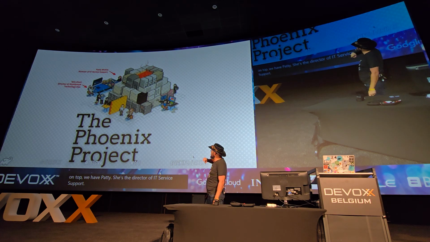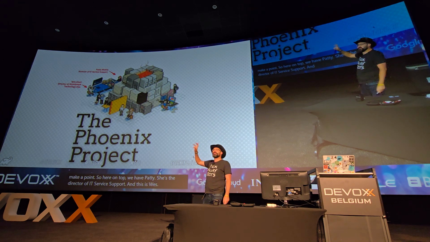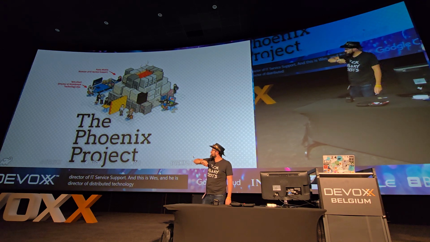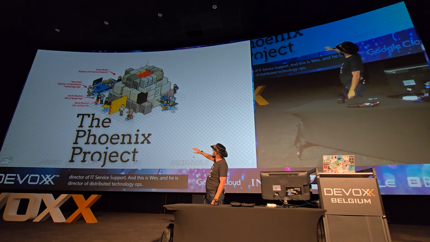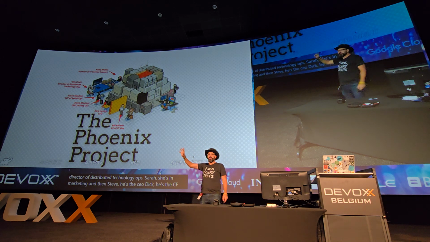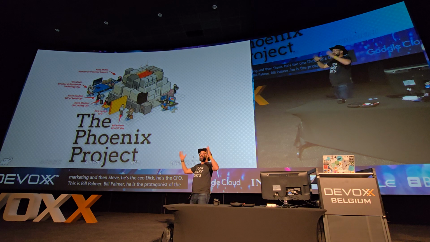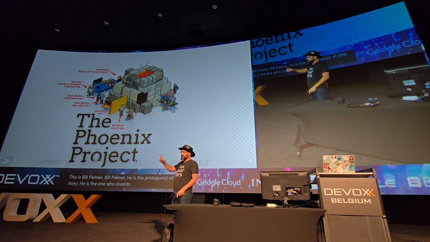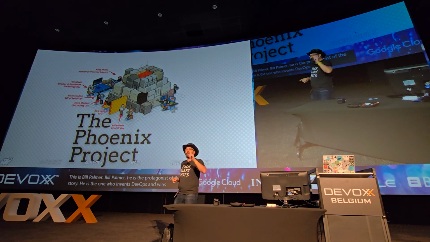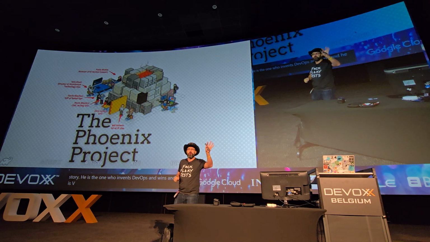This is Wes, director of distributed technology ops. Sarah is in marketing, and then Steve is the CEO. Dick is the CFO. This is Bill Palmer, the protagonist of the story. He is the one who invents DevOps and wins, and he is VP of IT Ops.